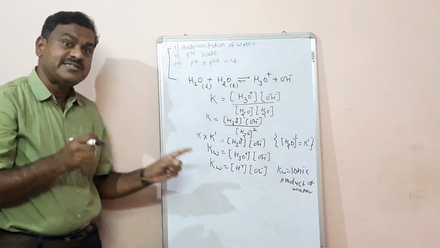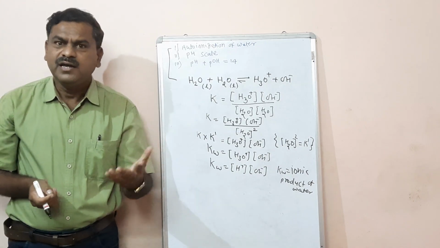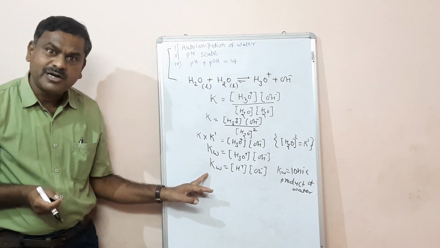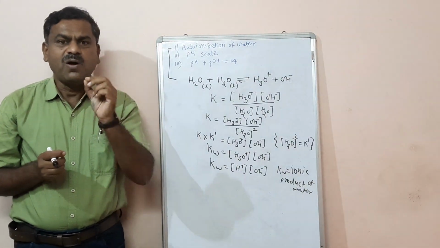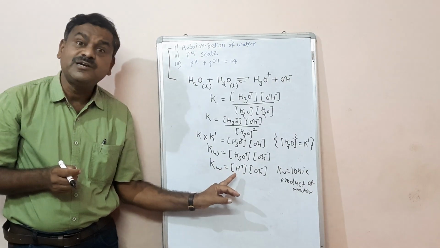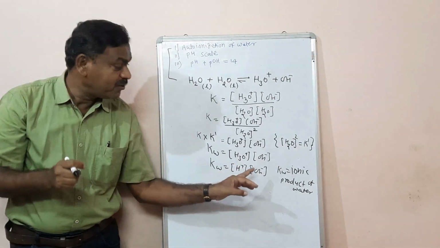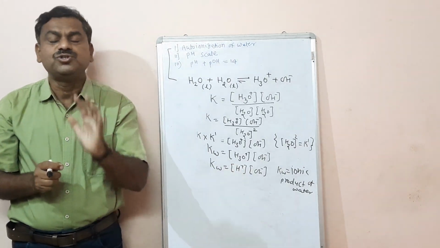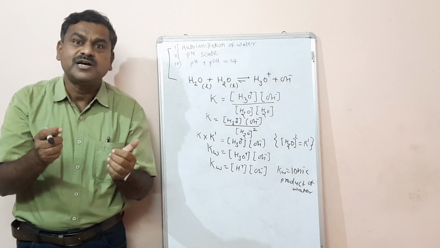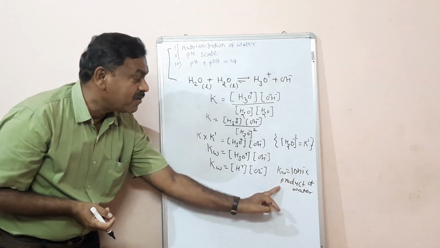I will repeat that. The ionic product of water, that is Kw, is nothing but the product of molar concentration of hydrogen ion and the molar concentration of hydroxyl ions in a solution at a given temperature is known as the ionic product of water.